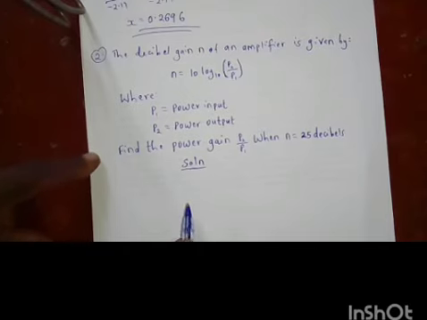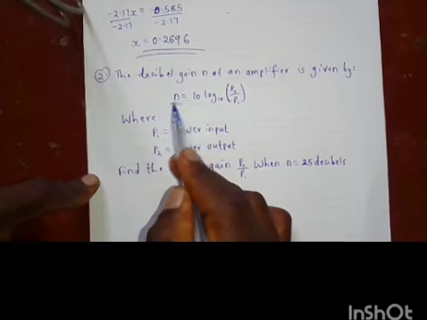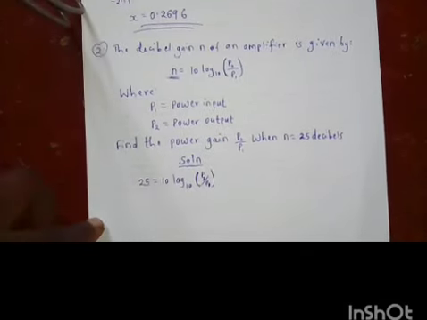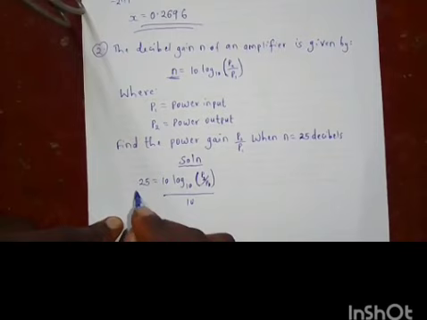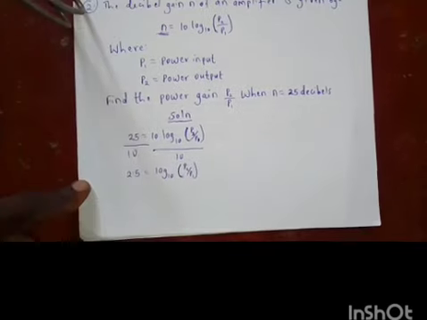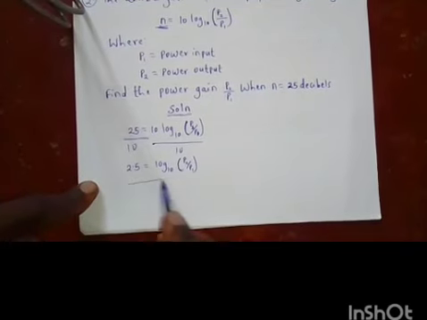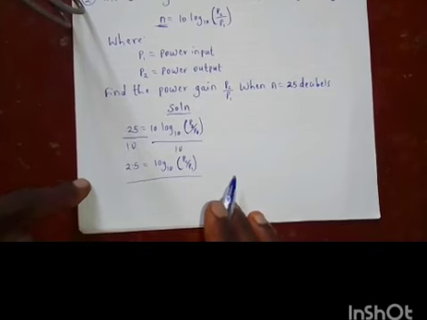So the first step, we substitute for n. So we write. Then the second step, divide both sides by 10. So we have. The next step, we change this equation to be an index equation.